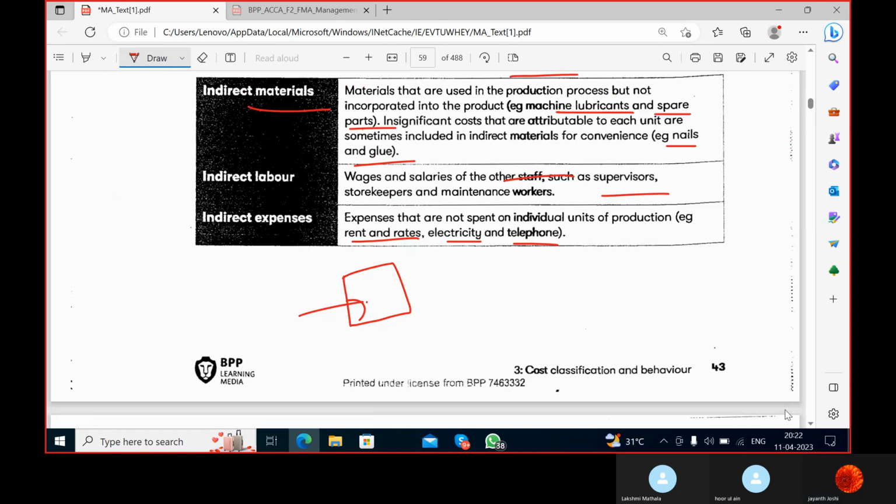So we will see some more examples of indirect, all the administrative costs. We are concerned about the electricity, correct? Electricity for machines. Just give me a second, I'll confirm.